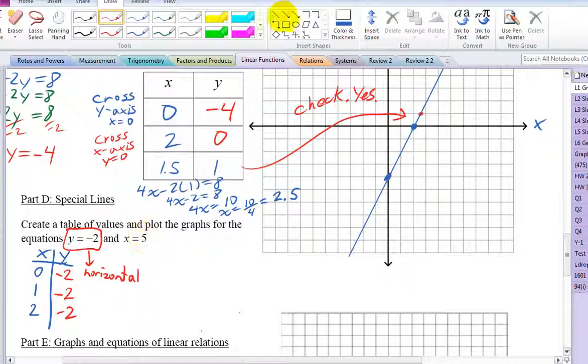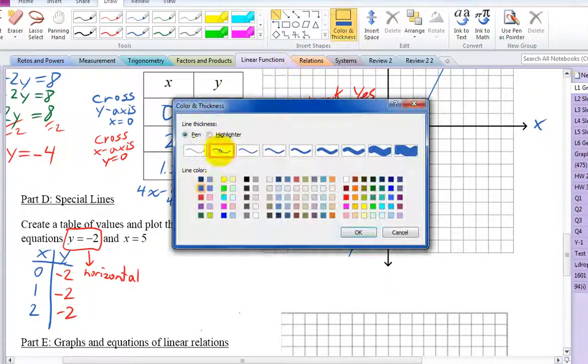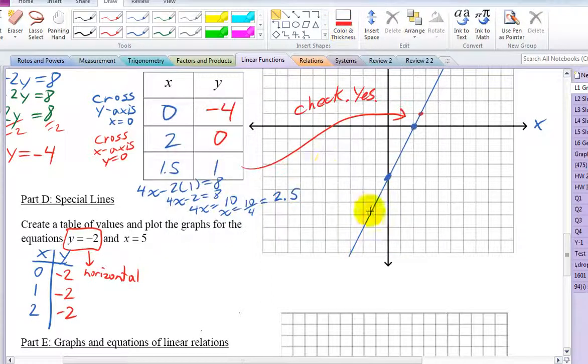It's a horizontal line. Okay, so this one right here at Y equals -2, it goes all the way across. So you don't really need to do the table of values if you know how to plot it. Y equals -2.